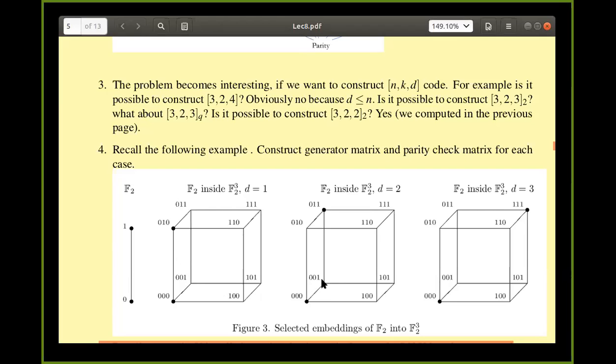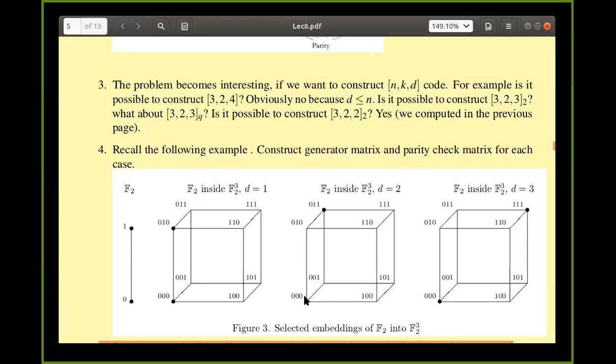But now my word I take as 0, 1, 1. Then what is the linear span of that? Now F2 is embedded in F2 power 3 again, but now the distance is 2. What is the advantage now? The advantage is that I can detect the error. If one error happened, I can detect it. If I send 0, 0, 0 or 0, 1, 1 and one error happened, then I'll get a vector of weight 1.